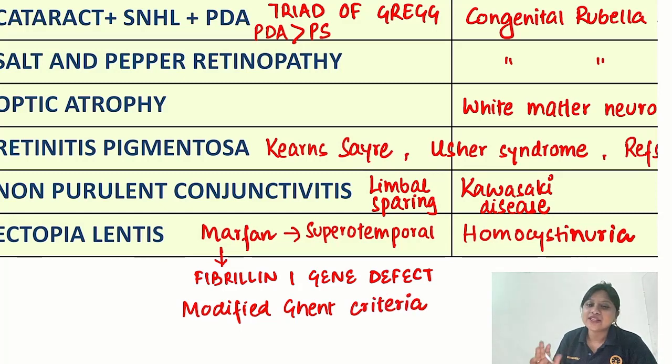Whereas in homocystinuria, it is a cystathionine beta synthase defect. The child will have a Marfanoid habitus, but there is an increased chance of thromboembolism.